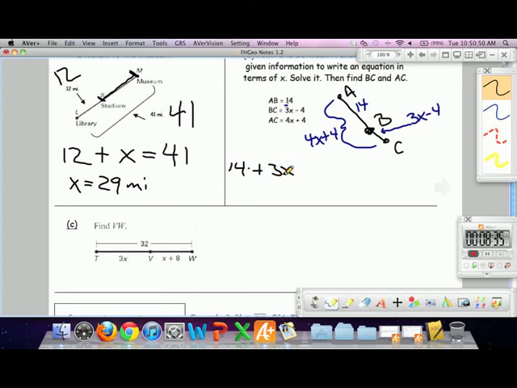That should be the equation you came up with. From that equation, now we can use Algebra 1 skills. We can combine 14 and negative 4 to get 10. And then you could get all the x's on one side and all the constants on the other. I'm going to subtract 3x from the left, subtract 4 from the right, and get 6 is x.